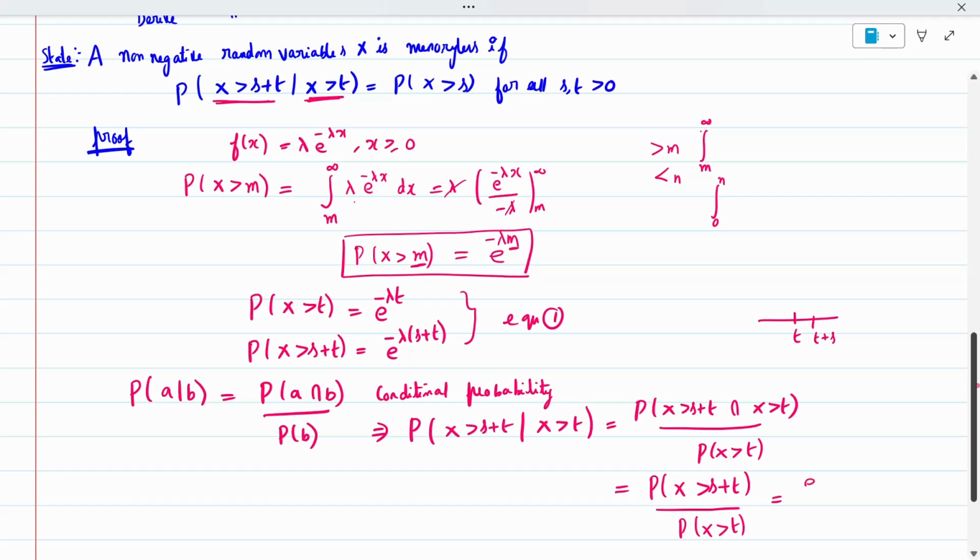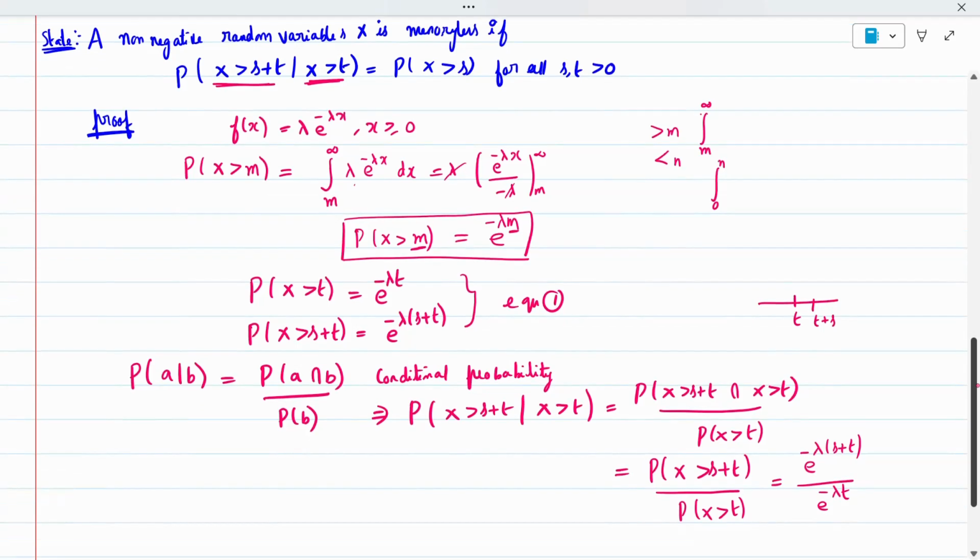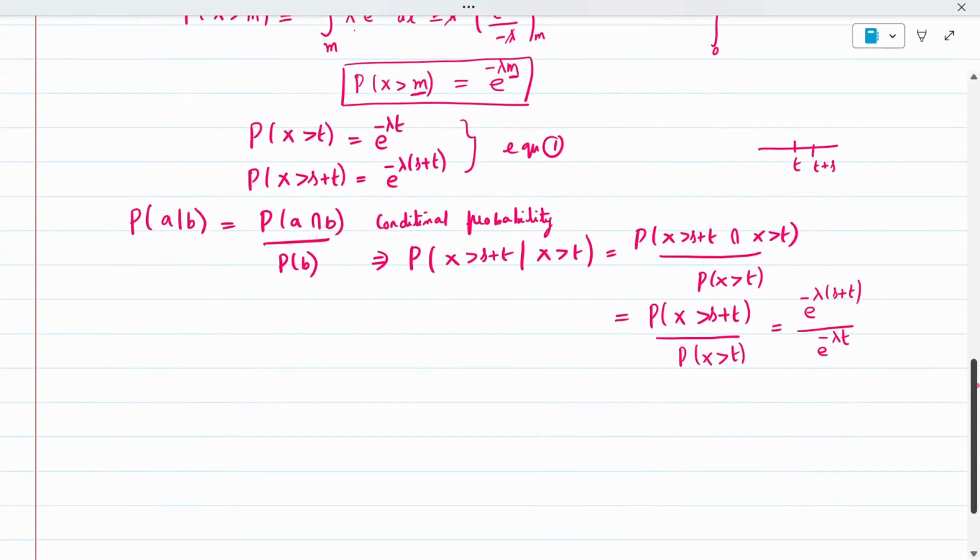When I substitute, e to the power minus lambda into s plus t, divided by e to the power minus lambda t. This denominator comes to the numerator, so it is e to the power minus lambda s plus t, and minus becomes a plus.